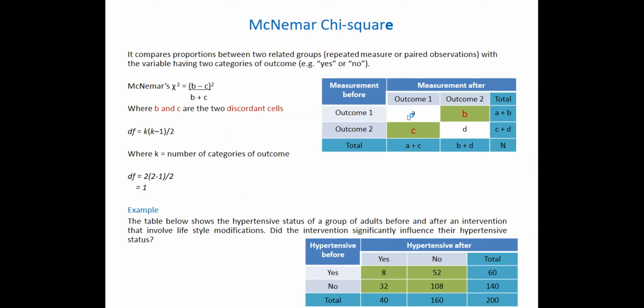You want to see how many were hypertensive, how many were not. If you look at the total for yes, 60 out of 200 people were hypertensive and 140 were not hypertensive. Maybe after you take their blood pressure, you say if it's above this, this one is hypertensive, this one is not. You find out that out of the 200, 60 were hypertensive.